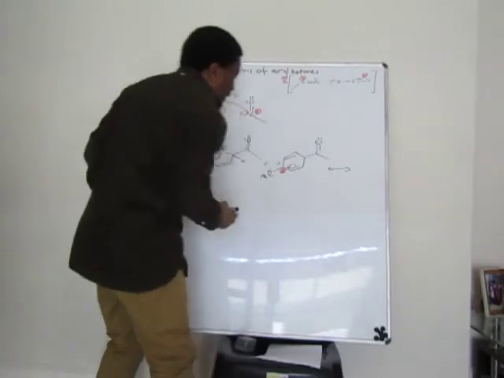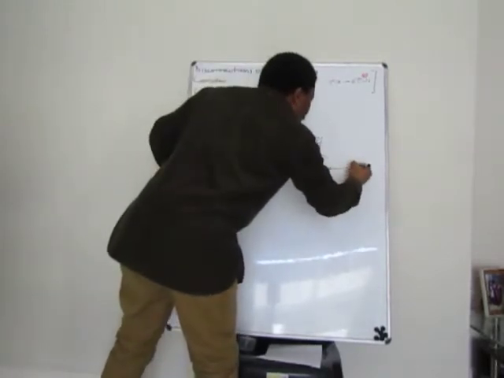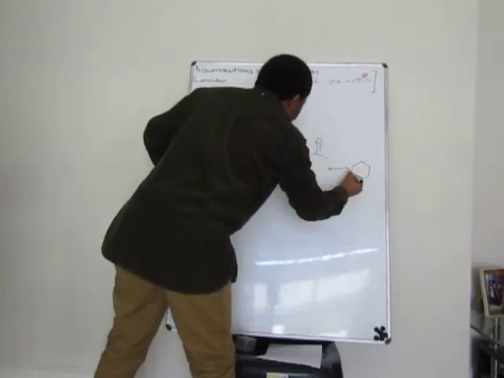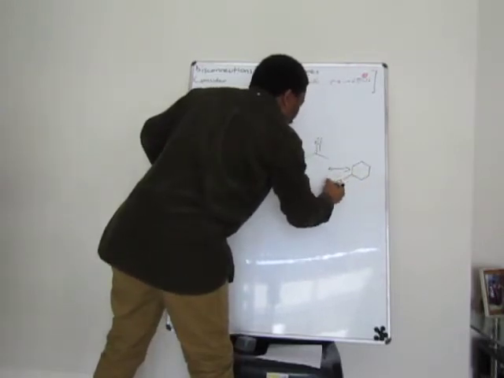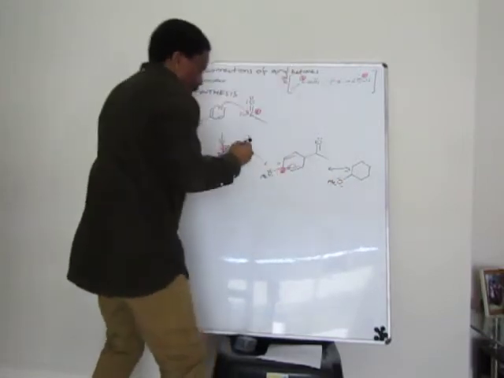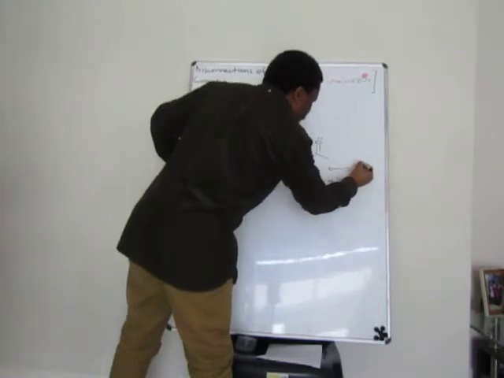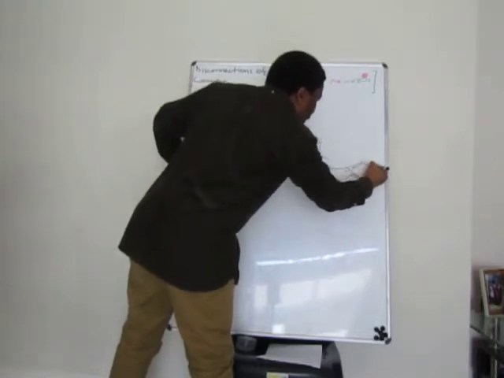There's our OMe there, and then we've generated a new double bond here. Then there's the old double bond that was there.